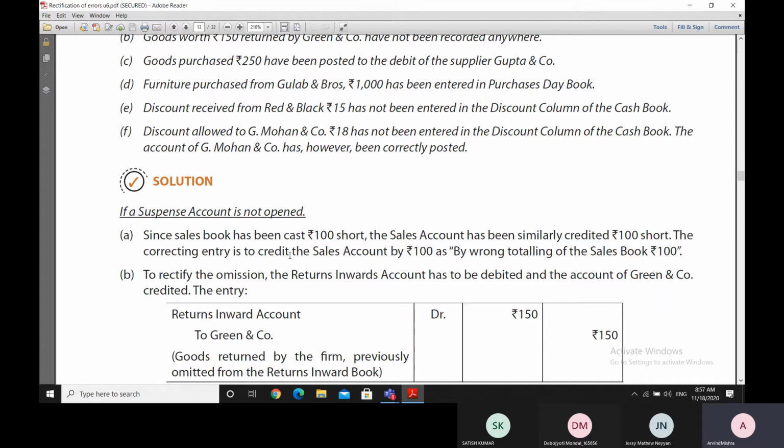So to make a correcting entry, we will credit the sales account by rupees 100, and no double journal entry would be required here. We will simply credit the sales account by 100 and make a statement: by wrong totaling of the sales book, rupees 100.